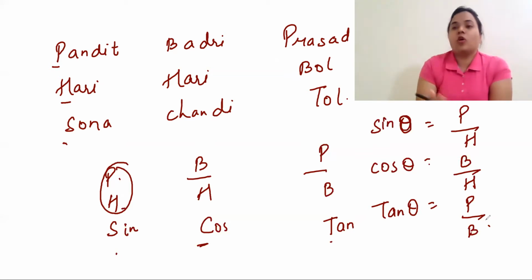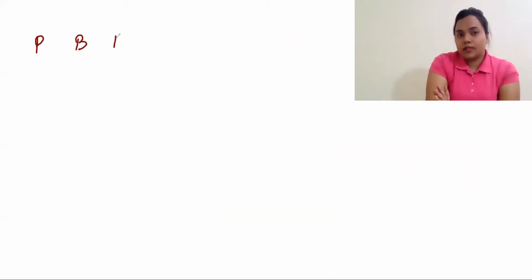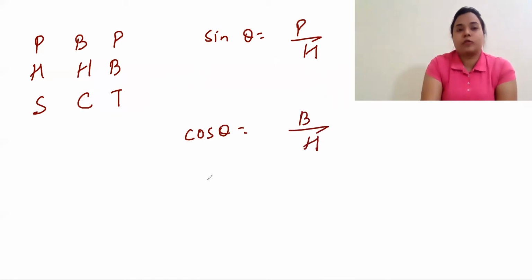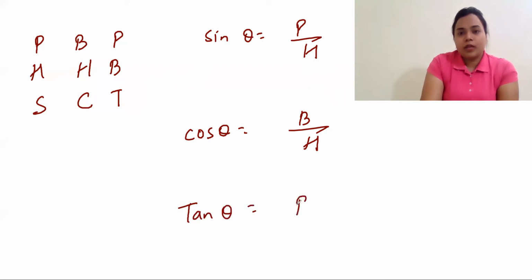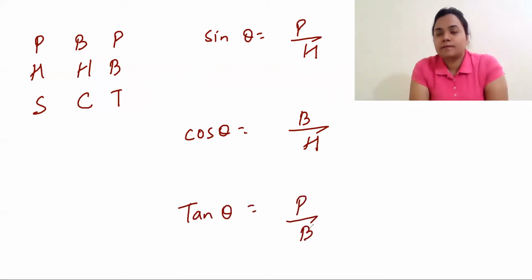And now I will tell you how to find the rest of the three ratios. Write it again: Pandit Badri Prasad Hari Bol Sona Chandi Tol. So sine theta is equal to P by H. Cos theta is equal to B by H, that is base by hypotenuse, and tan theta is equal to P by B, that is perpendicular by base.